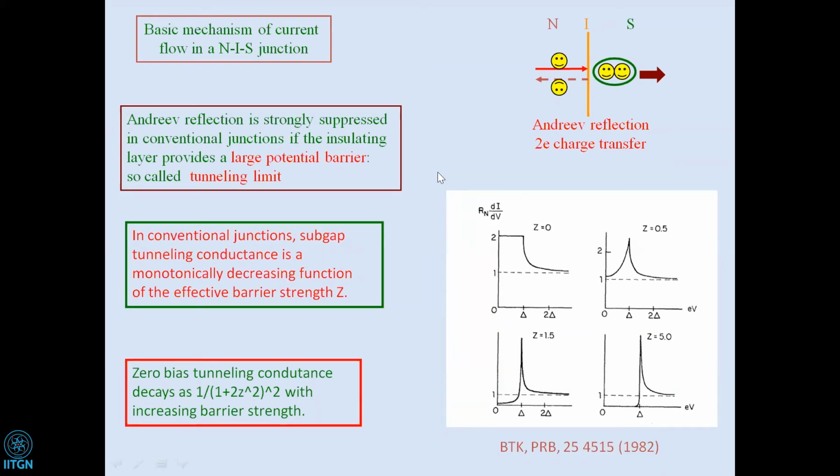And this is a property of any normal metal superconductor junction. So as you increase your barrier strength, if your voltage is sub-gap, that is if the voltage is less than the gap of the superconductor, with increase in the barrier strength, you essentially kill the tunneling conductance within the gap. So it's a monotonic function of the barrier strength.